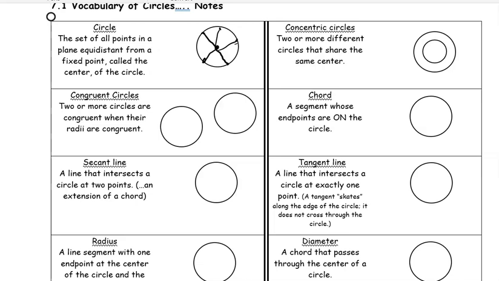Concentric circles are two or more different circles that share the same center. So if I put a center right here in the middle of the small one, it's also in the middle of the bigger one. So basically it's circles inside of each other, and they also have to share the same center. Congruent circles are two or more circles that are congruent when their radii are congruent.